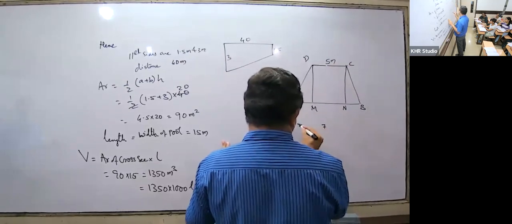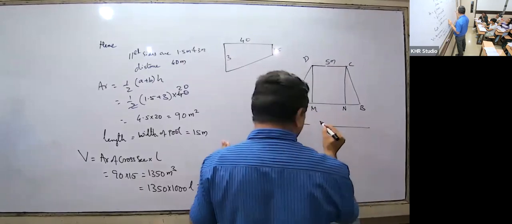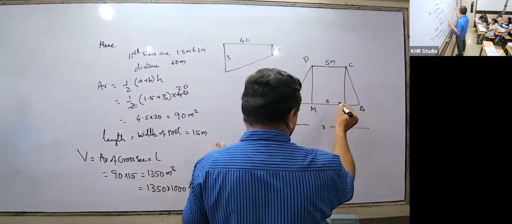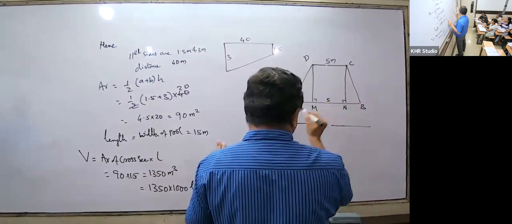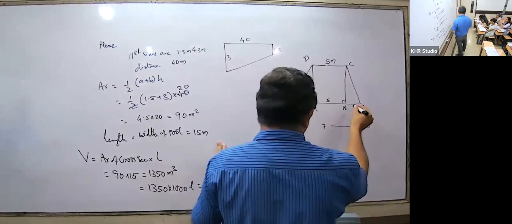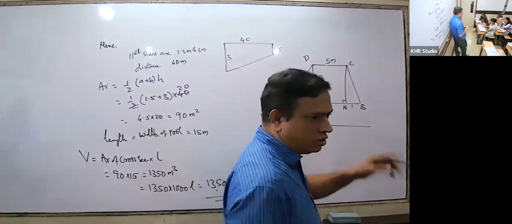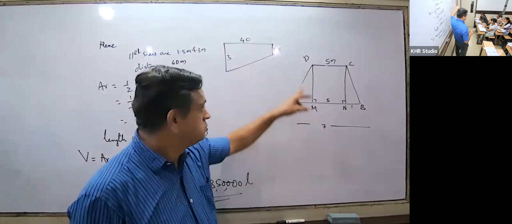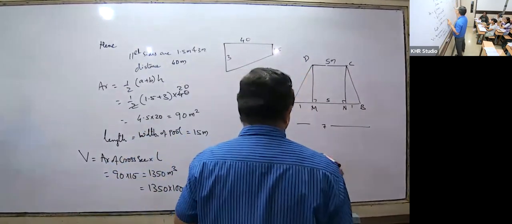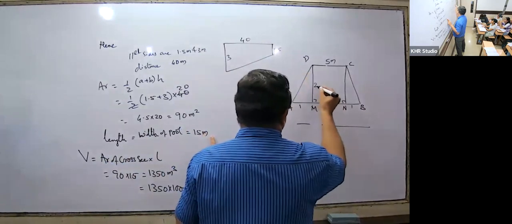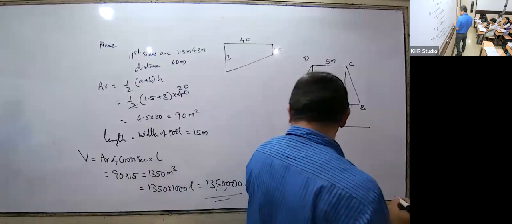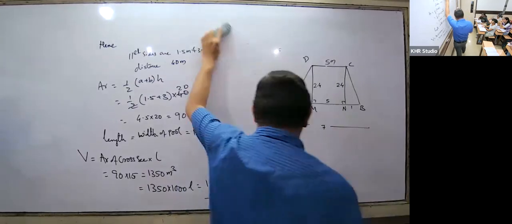Then AM is equal to BN. Both are perpendicular, so this is 1 and 1, then only 7 will come. So the height of the tunnel is 2.4. Which is the height of the tunnel over here? DM is 2.4, and this also is 2.4. This much values are given. Have you followed or not?